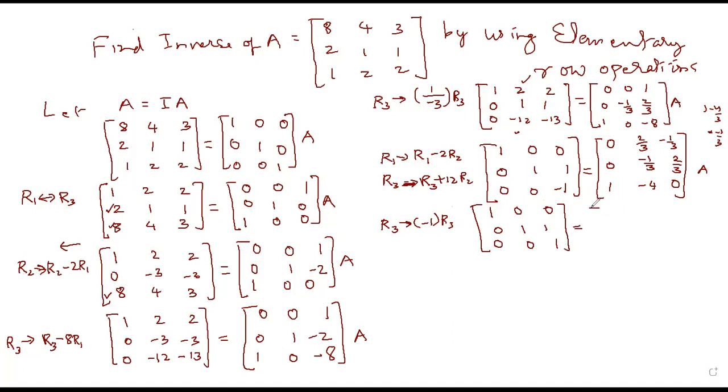Here also you have to multiply by minus 1 in the third row. This 1 will become minus 1, this will become 4, this will be 0 0 2 by 3, minus 1 by 3, 0, minus 1 by 3, 2 by 3.